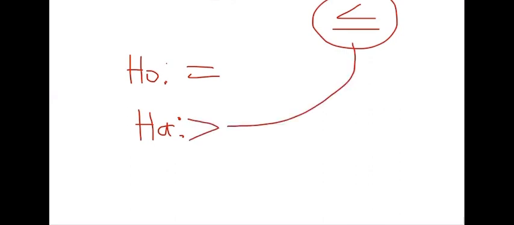But the null hypothesis is going to be the equality sign. The only condition under which you talk about the complement to be put in the alternative is when they mention at most or at least.